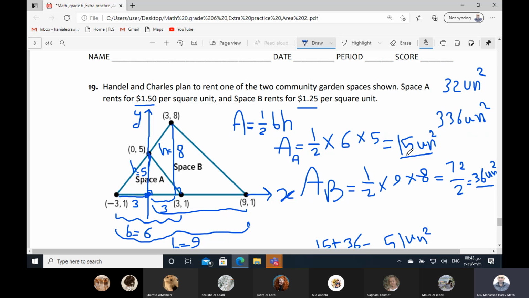Now, at first, take space A. C1, the cost of the rent for space A, equals the area 15 times the rent of 1.50 per square unit. This is for space A, times 1.5.